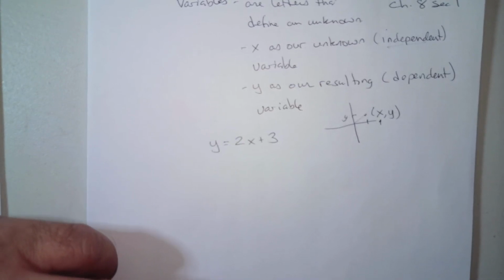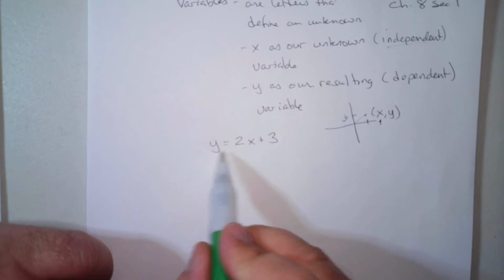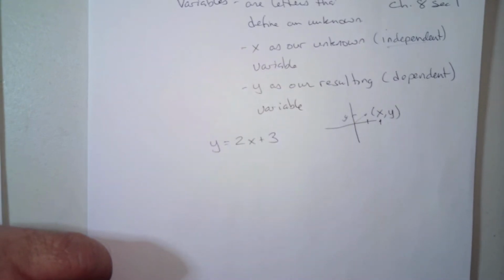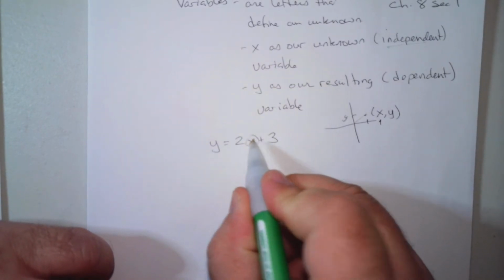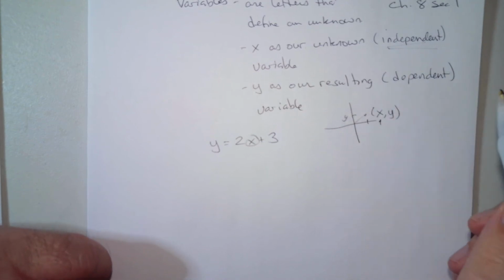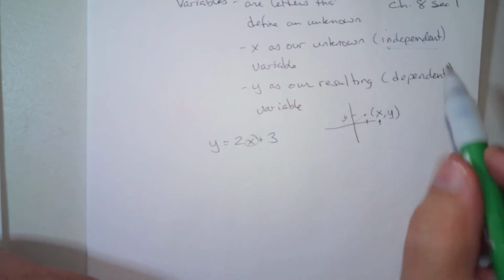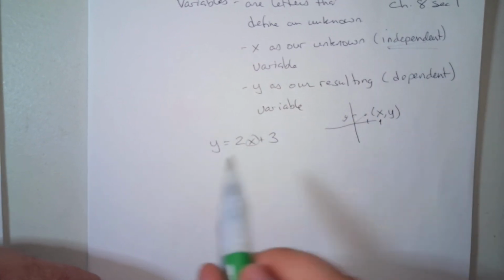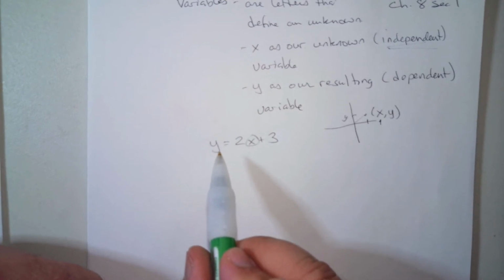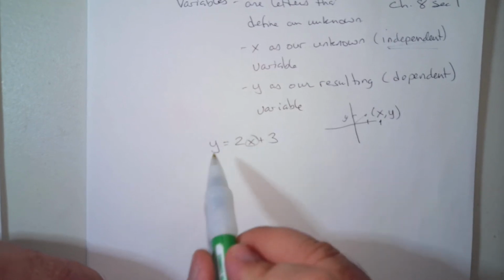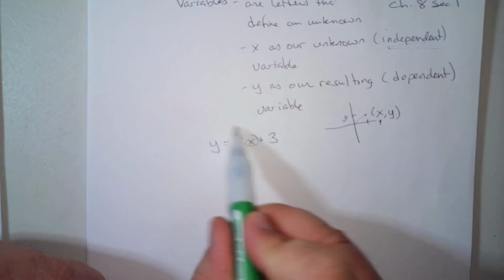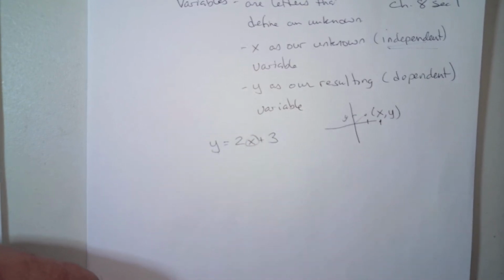So you can't tell me what y is until you tell me what x is. X can be anything. That's why it's independent. But once I define it, then the value of y becomes defined. That's why the value of y depends on whatever x is.